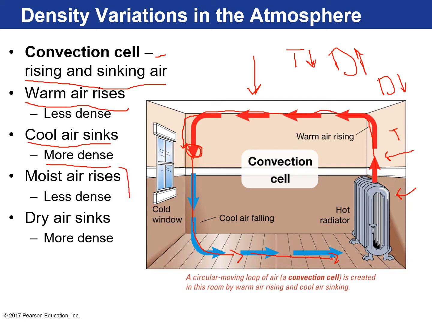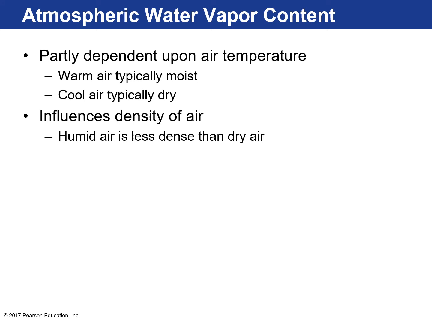Moist air, air that has a lot of water vapor in it, is typically less dense. And dry air is typically more dense and associated with high pressure. The atmospheric water vapor content typically doesn't exceed about 4% of the air mass. But the amount of water vapor an air mass can hold depends on the temperature of that air mass.